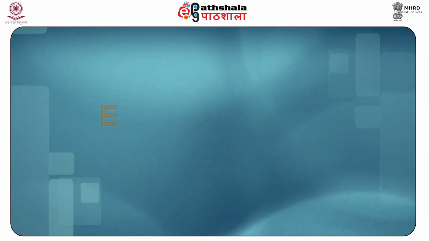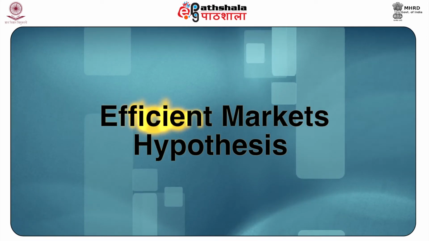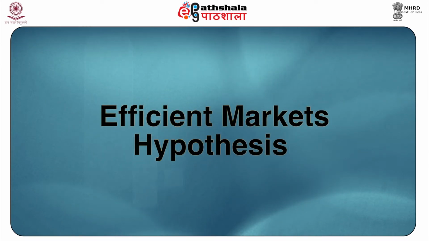Let us now look at the efficient markets hypothesis, which tries to explain stock markets, in our section 5. The efficient markets hypothesis basically states that the current price of an asset, such as a share of a stock, reflects all available information about the value of the asset.